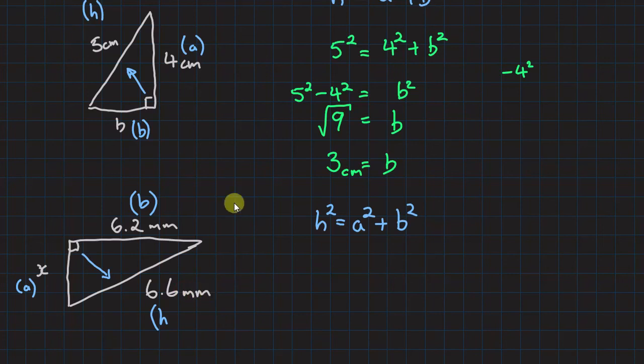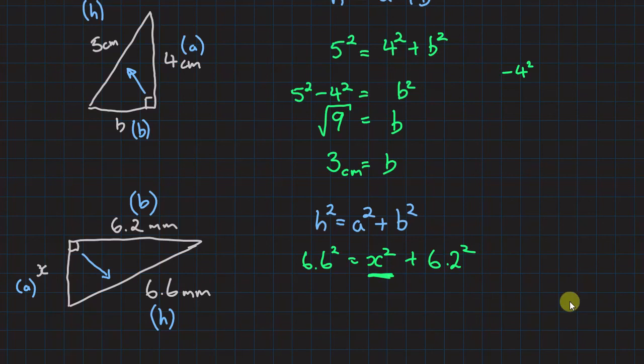Now I put my numbers in my calculation. So H is 6.6, and that's squared, is equal to A, which is x squared, plus b squared, plus 6.2 squared. I want the x bit on its own.